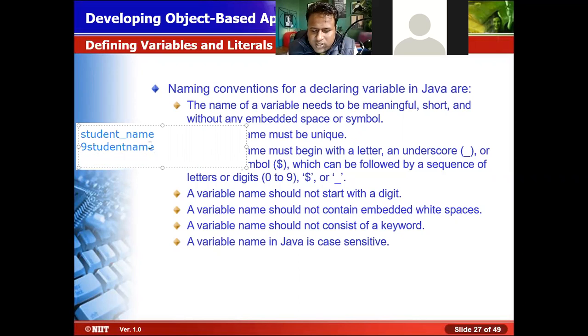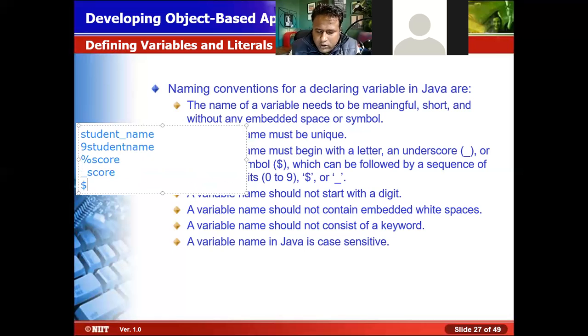A variable should not start with any symbol, like percentile or multiplication. If you want to start with a symbol, only two symbols are applicable: underscore and dollar symbol. So these are the two symbols applicable while defining a variable.